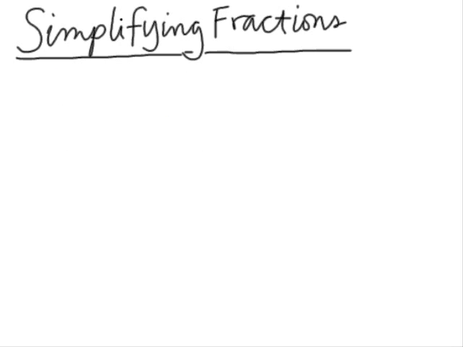Let's say we have a fraction such as 4/6. What number will divide into both 4 and 6 evenly? And of course, you can see that 2 divides into both of them evenly. 4 divided by 2 is 2, and 6 divided by 2 is 3.